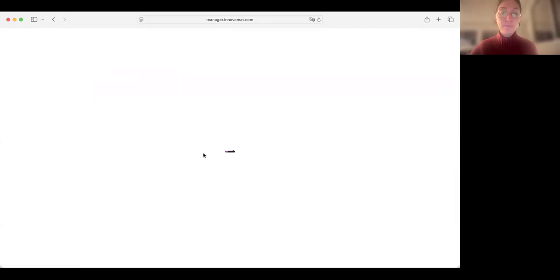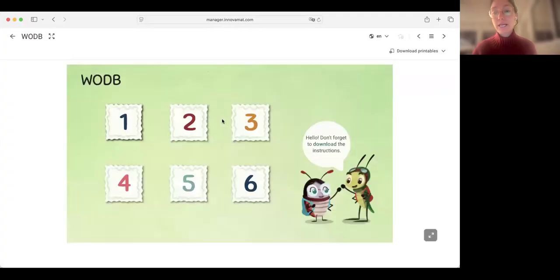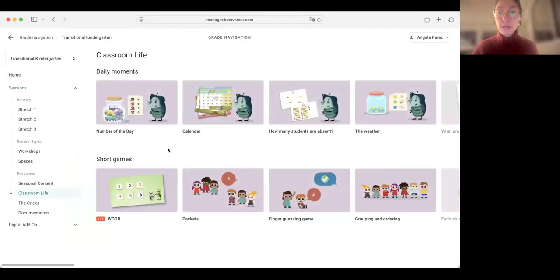There's a whole collection of different options for which one doesn't belong that you can explore and use with the little ones at any point in time, not just in a given sequence, but depending on the time of the day or the moment of the year. So that's what's going to be included in the platform.